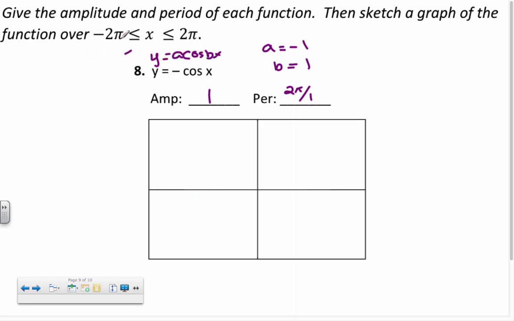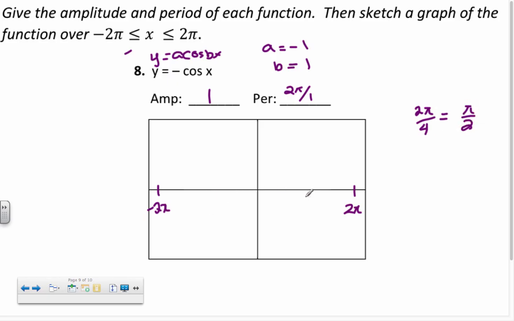So let's start to sketch our graph. We need to go from negative 2 pi to 2 pi. So here I'm going to think about this being negative 2 pi, and here a positive 2 pi. If I think about dividing that by 4, each mark would be pi over 2. If we took 2 pi and divided it by 4, I could simplify that to pi over 2.